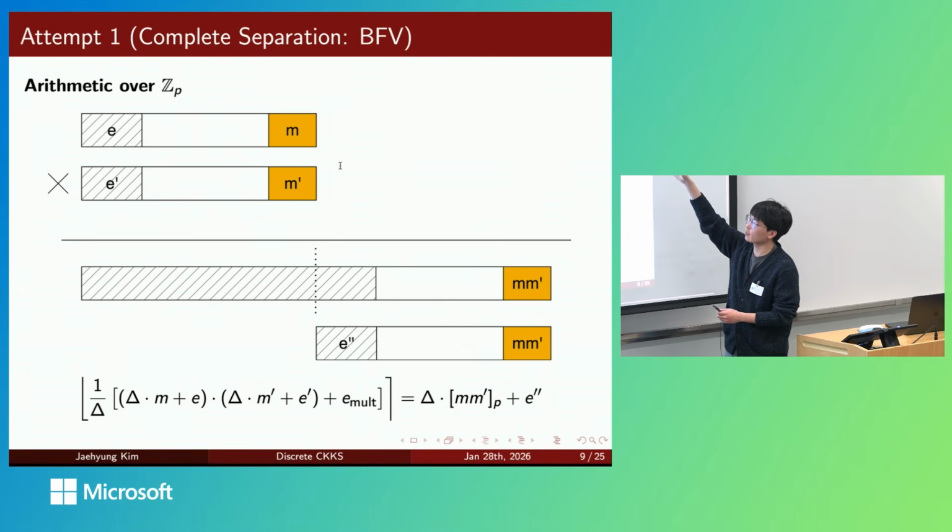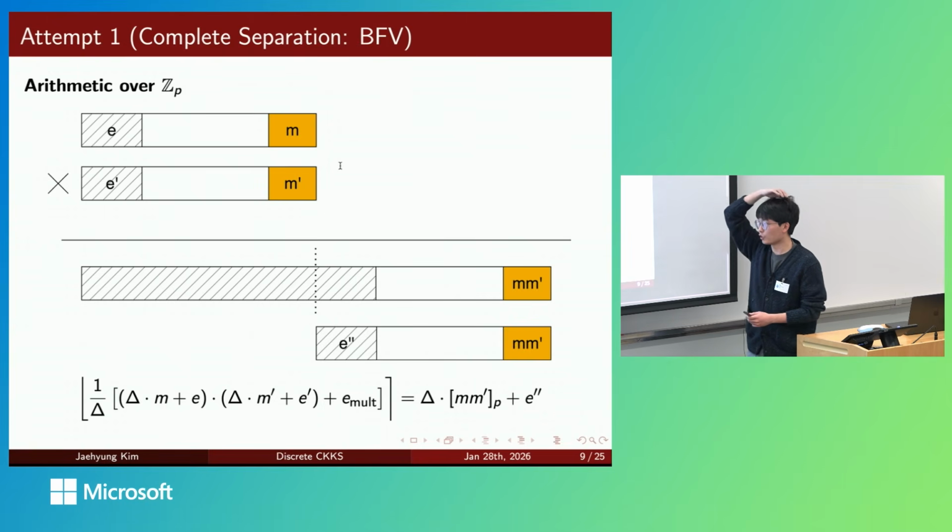Instead of treating your message to be the entire integer for this large bar, you can locate your message in the most significant bits of the integer, so that they are well separated from the error, in the sense that the error is small and in the LSB, and the message is large and in the MSB.